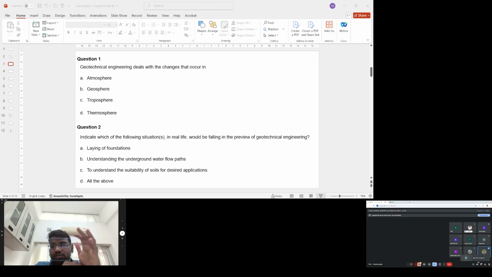So it is just to give a brief idea of it. And if you want any structure to be impervious, you have to choose the type of soils that are suitable for that.